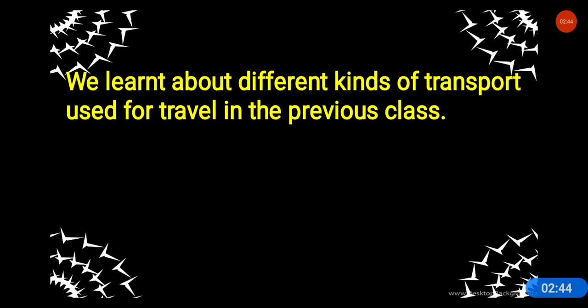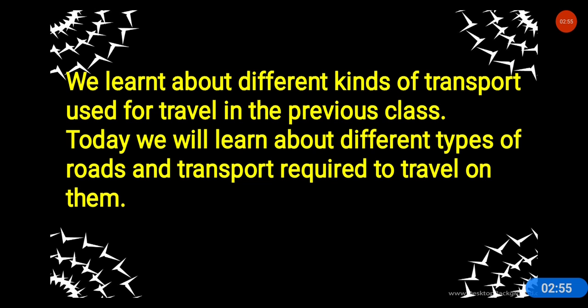So as of now we have learned different kinds of transport used for travel in the previous lesson plan. Okay, so today we are going to see about different types of roads and the transport required to travel on them, right?